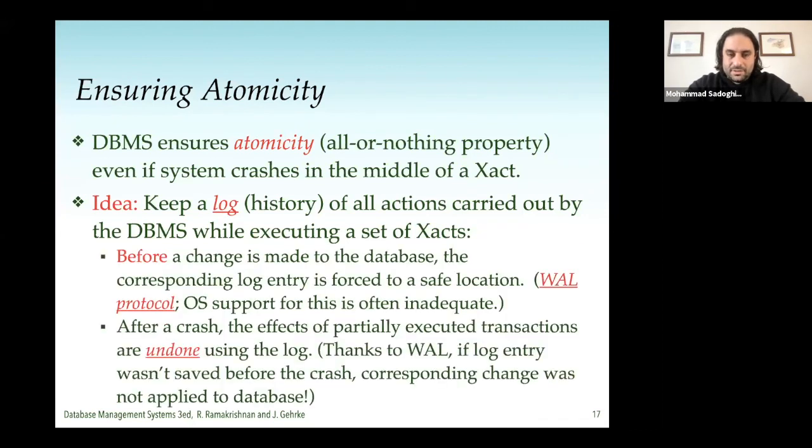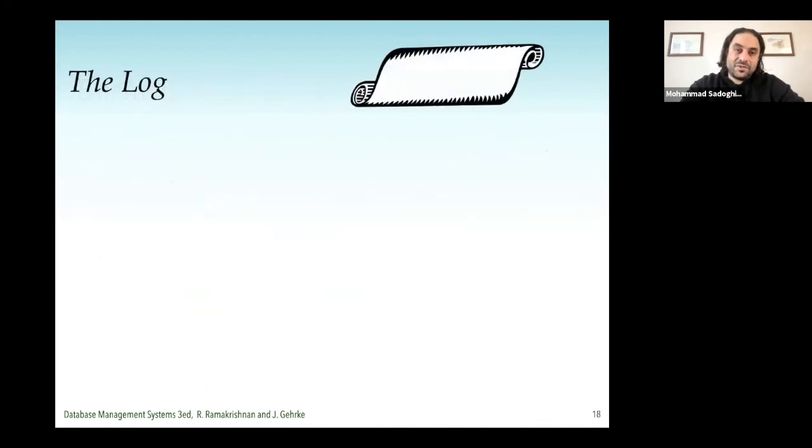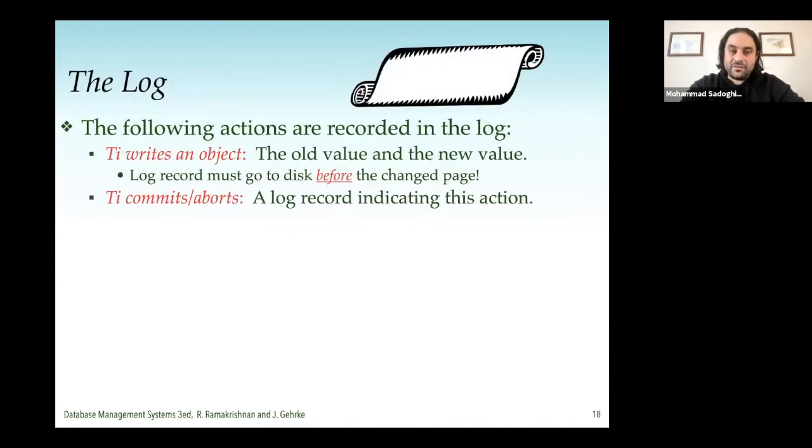And again, the key is to make sure that before the transaction is called committed, its log is written to disk, so it's persistent. Then there are two things we maintain in the log. We take a before and after image of anything that we changed. The before image allows us to undo. The after image allows us to redo. And we also keep track of whether the transaction was committed or aborted.